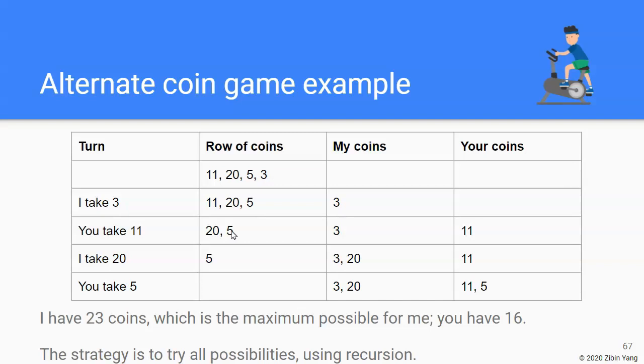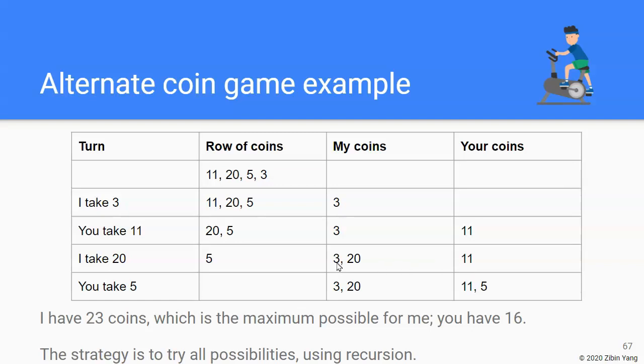So you will take 11, but now on the next turn I can take 20, so that the only remaining coin for you to choose is 5. So when we go like that, I would get 23 and you would get 16. So in playing it this way, I win.